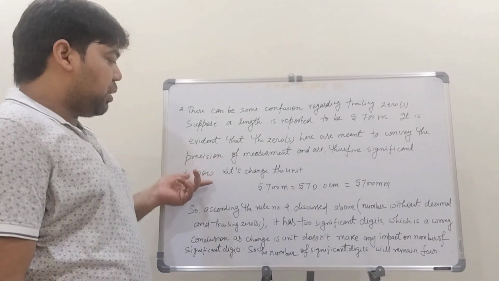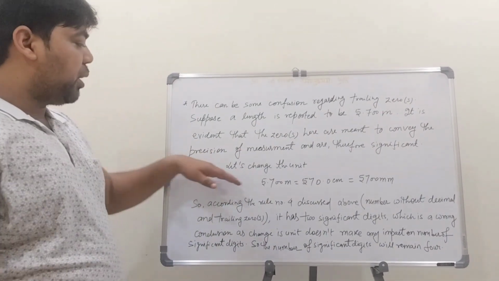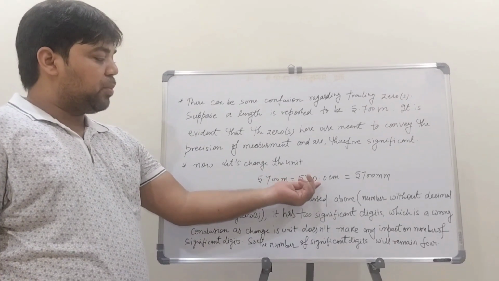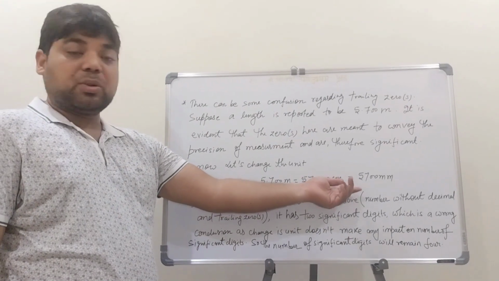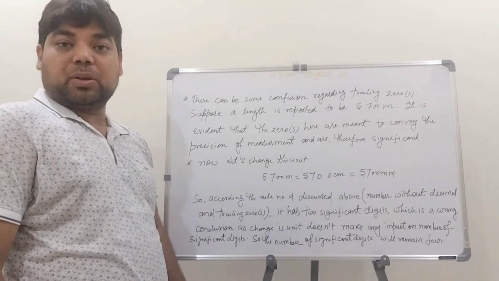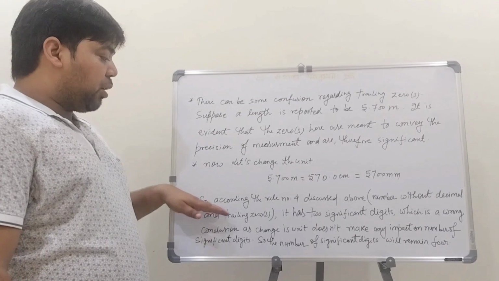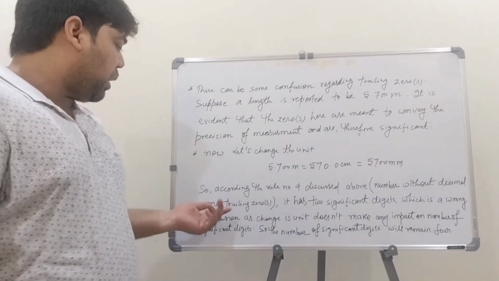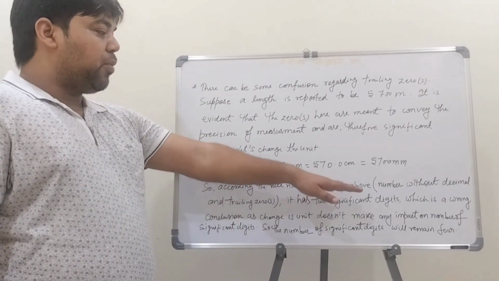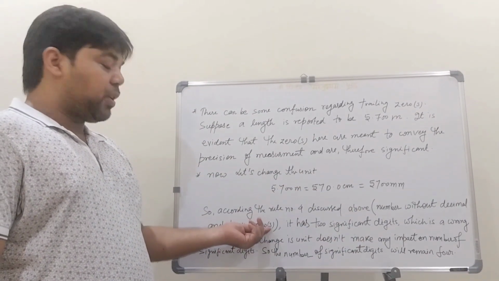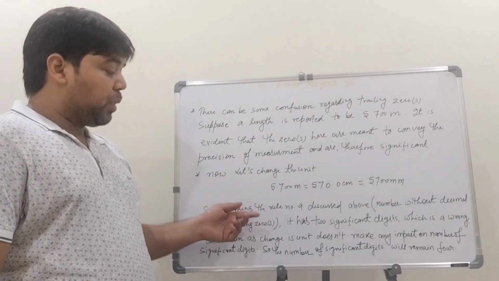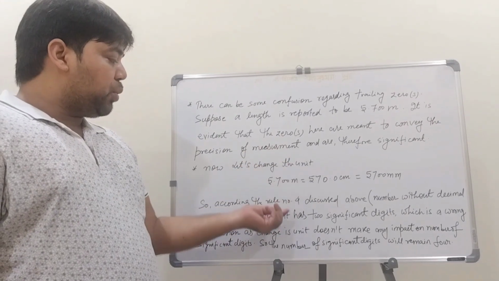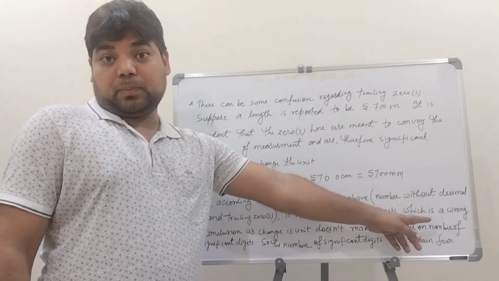Now let us look at it another way. Let us change the unit. 5.700 meter can be written as 570.0 centimeter or 5700 millimeter. According to rule number 4 discussed above, which says that a number without a decimal point and with trailing zeros has only the non-zero numbers as significant digits, not the zeros, we would deduce that it has only 2 significant digits.